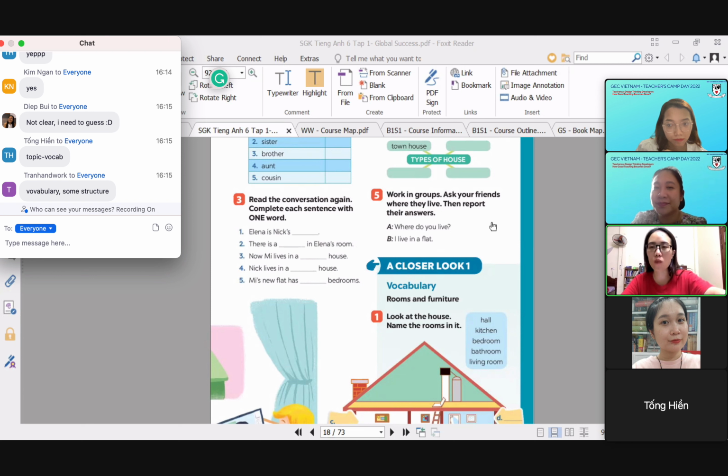Like, what do I want my students to get after this lesson? What do they need to be able to do, like speak, know some more vocabularies and structures, and be able to express themselves about these topics.